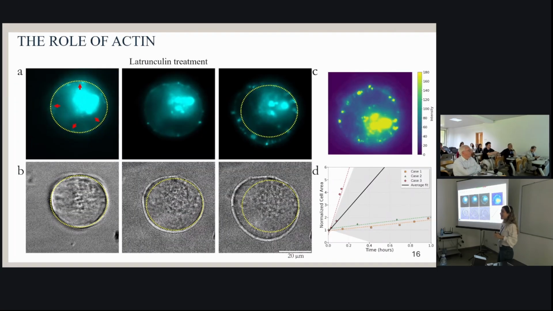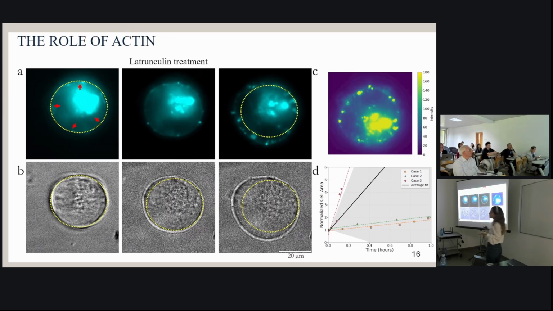So until now, what I'm trying to explain to you is that all these mechanisms and effects that we see have one main mediator, which is actin. It's actin that is promoting all these processes. To test that, we inhibited actin in the cells.